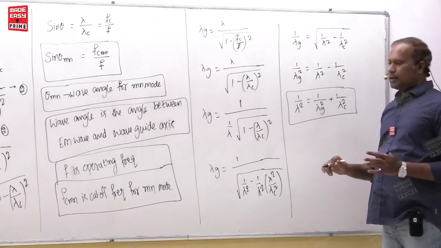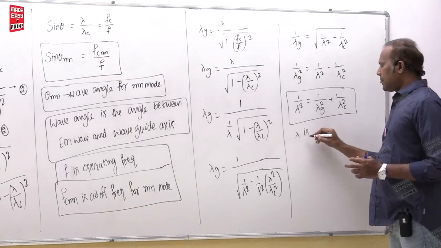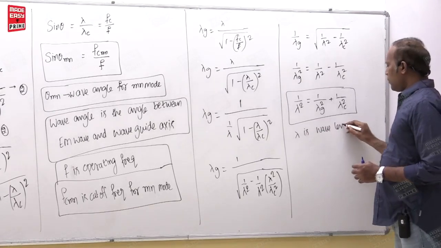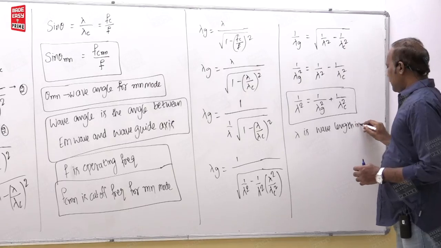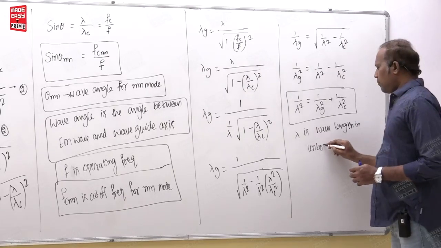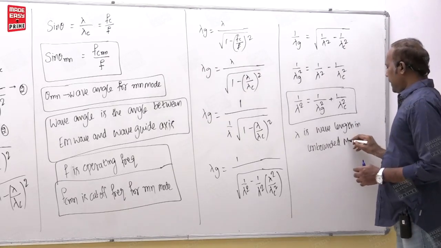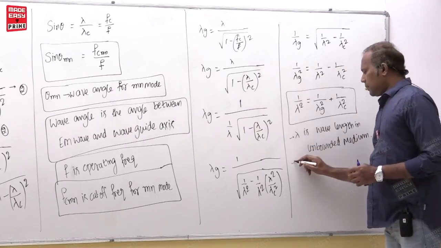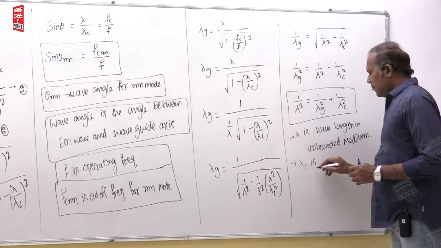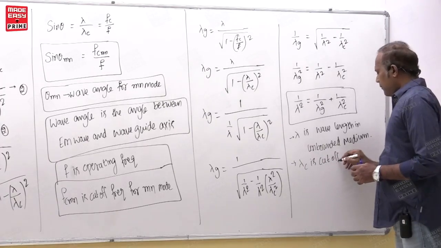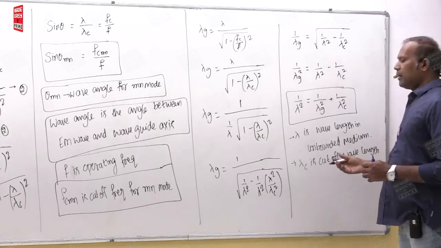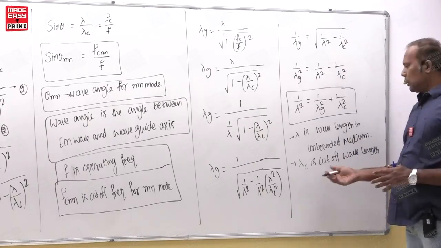There are three lambdas. Lambda is wavelength in unbounded medium. Already I wrote them. Next, lambda c is cutoff wavelength. For example, for TE10 mode, lambda c is equal to 2a.